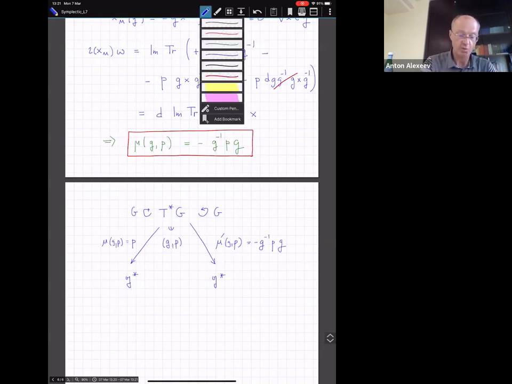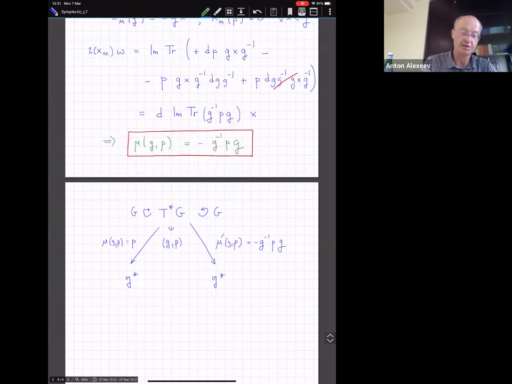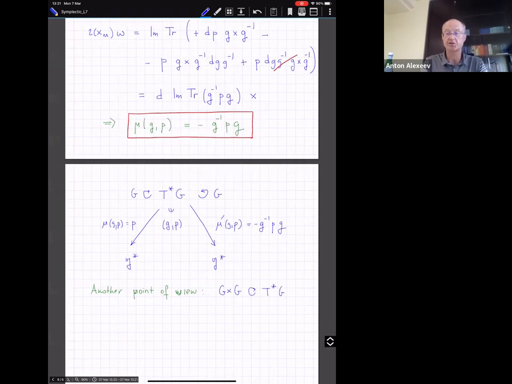And one can actually view it a bit differently. Another point of view is as follows. You can say that G cross G acts on T star G. This is because the two actions commute, right?